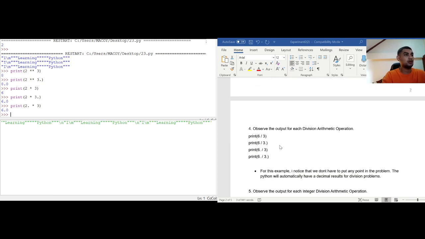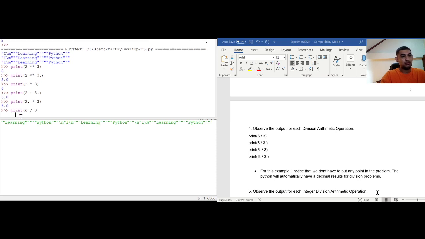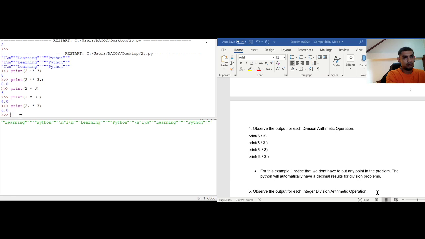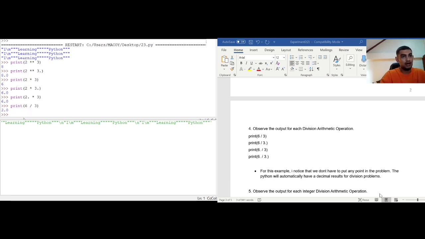So let's proceed to number 4. Observe the output for each division arithmetic operation. For string number 1 in division, we have 2.0. Then the second string.